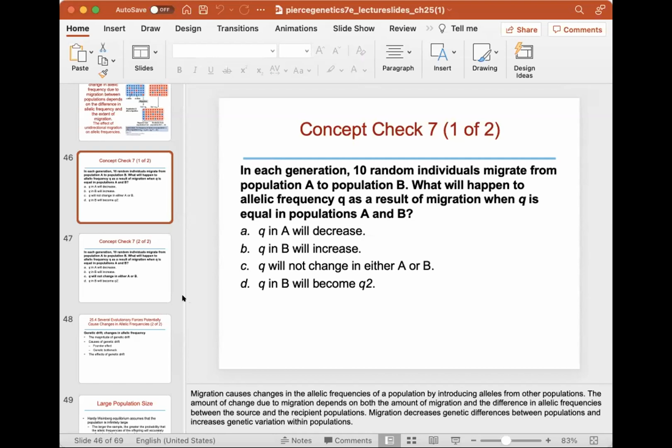Yes. Okay, so the question is asking, in each generation, 10 random individuals migrate from population A to population B. What will happen to the allelic frequency Q as a result of migration when Q is equal in populations A and B?